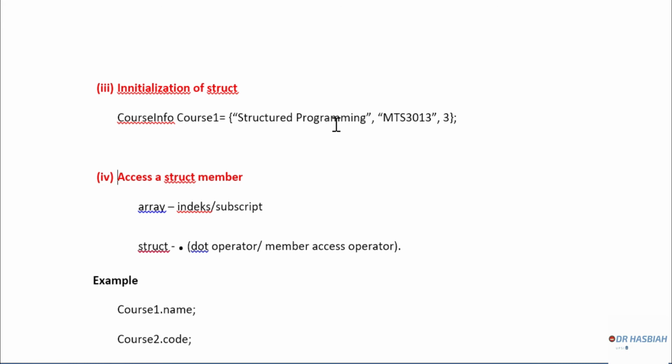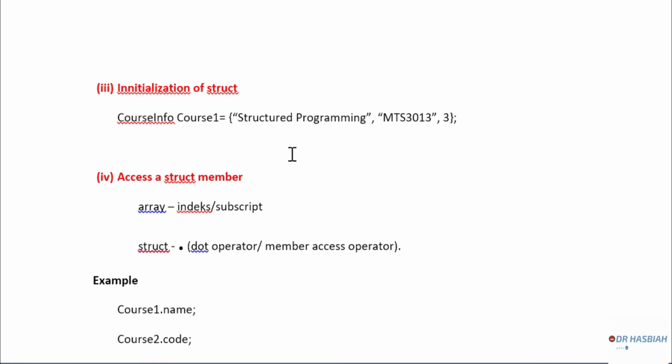We declared the name just now as a string, so we don't have to specify the length of the name. You just put structured programming between open and close double quotes here, comma, and then MTS 3013. This is the code. You declared the code as a string also, so just put MTS 3013 between double quotes, comma, and then the credit is 3.